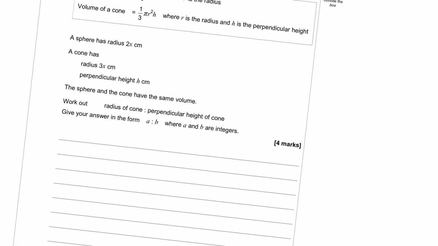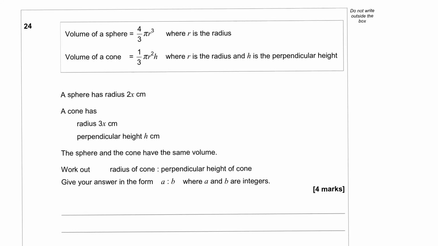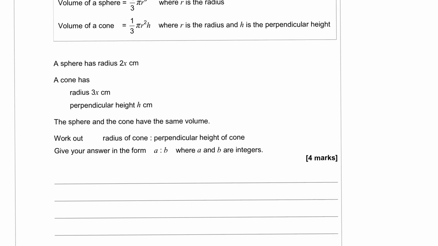Okay, and then looking at question 24, it's given me the volume of a sphere equation, and it's given me the volume of a cone. And it's basically saying that this sphere has a radius of 2x. So I'm just drawing 2x.